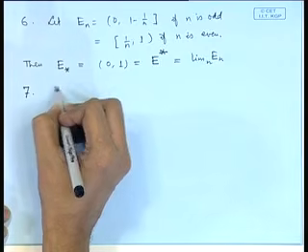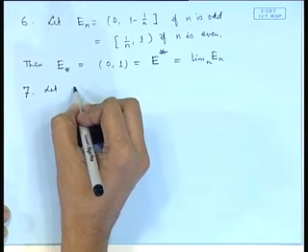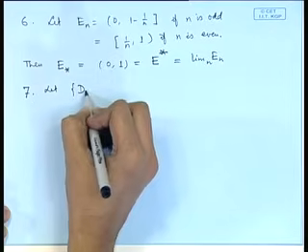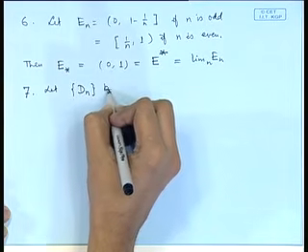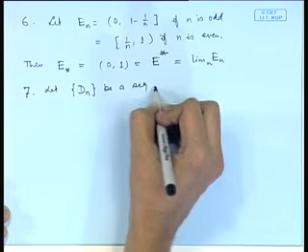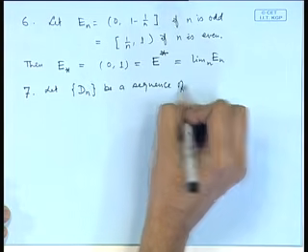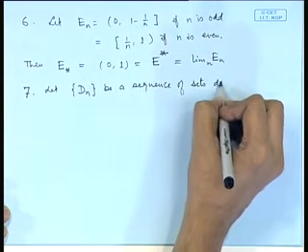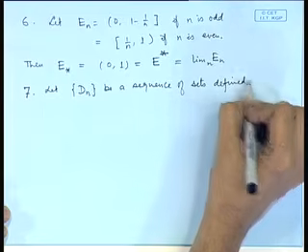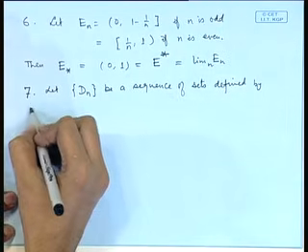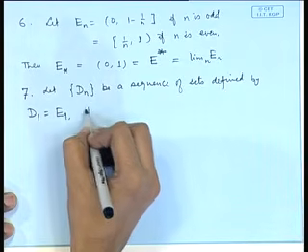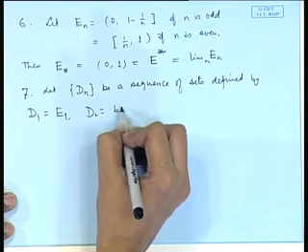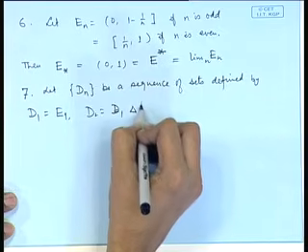Let me complete today's lecture by giving the final exercise. Let us consider a sequence of sets defined by d1 is equal to E1, d2 is equal to d1 delta E2.